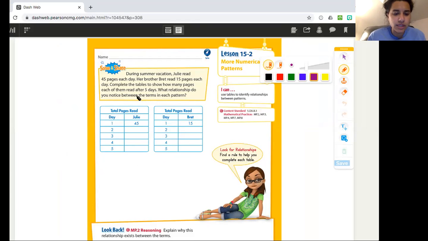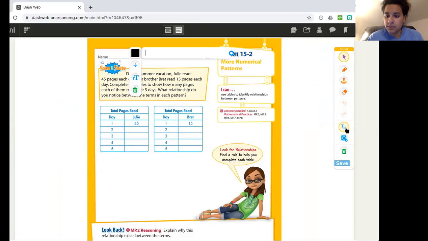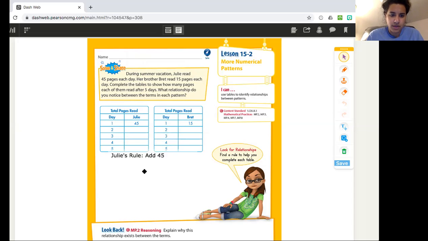Okay, so let's look. It says Julie read 45 pages each day. Wow, 45 pages. So Julie's rule is 45, add 45. Okay, so I'm just going to put that below her table so we remember that that's her rule.